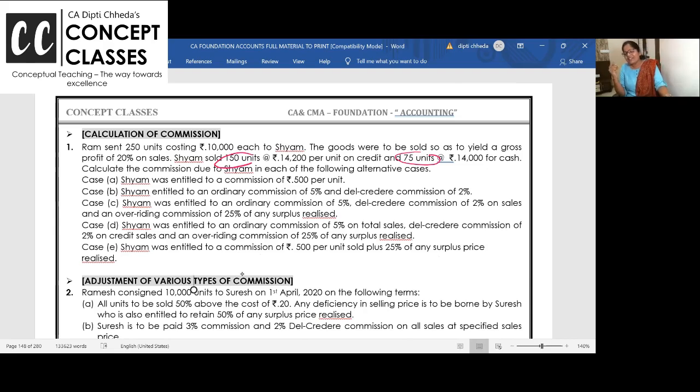Come back to the other chapters' concept: in non-trading, what is working note 1? Subscription. In partnership, what is working note 1? New and old PSR. Like that, this is problem number 1. Open your notebooks. Write this as your chapter number 5, unit 3. We are doing the beautiful consignment account.